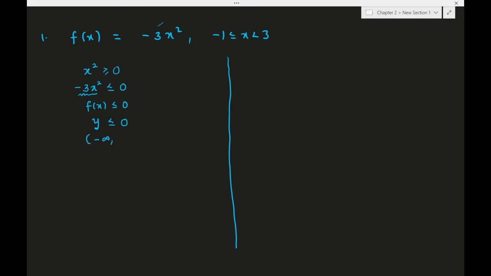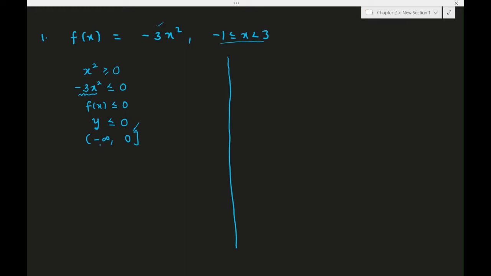It means that you have minus infinity to 0 closed, right? But here, you cannot have minus infinity, because if you have minus infinity, it means the range is no longer restricted. But if you have a restricted domain, you should also have a restricted range. So now, this 0 you are seeing is the maximum value of y.